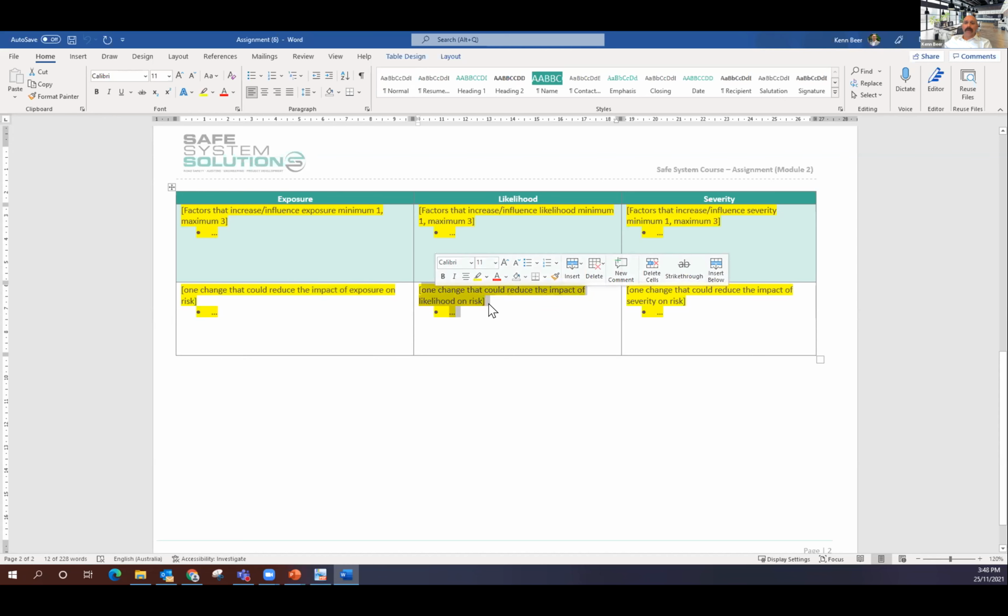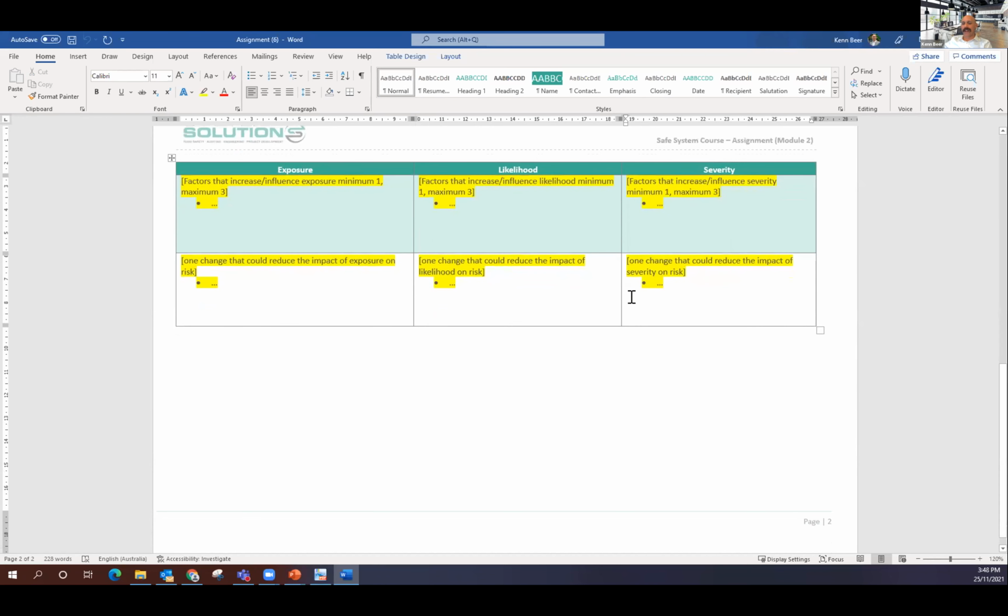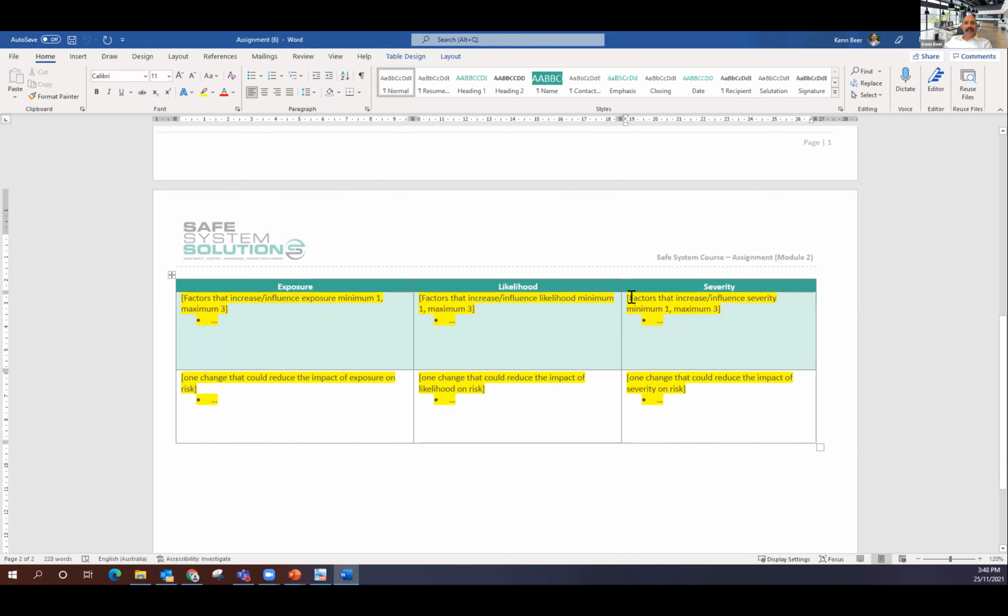Then alter the likelihood, maybe lighting, new signs, better line marking, opening up sight lines. And severity, angle alteration, speed alterations, installing devices that change some of those things, the speeds, the angles, the vulnerability of users. Now, this one, unlike the little extra, you're not constrained by budgets or anything like that.